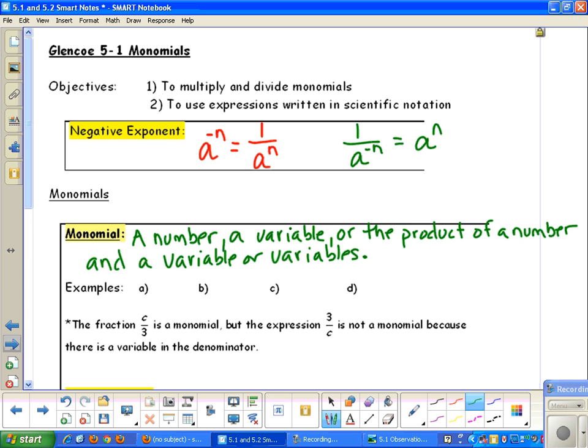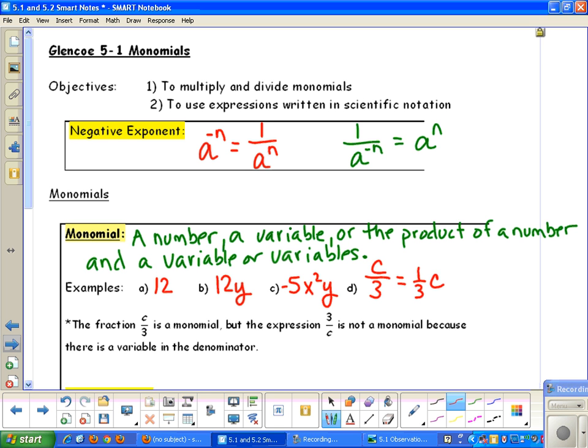So for example, a monomial term would be maybe something like the number 12. And then we could also add variables to that. So 12y would be a monomial term. Or it could be a negative number, so negative 5x squared y. I could add more than one variable. And then maybe if I had c divided by 3, because that's really equal to 1/3 c, that would also be a monomial term.